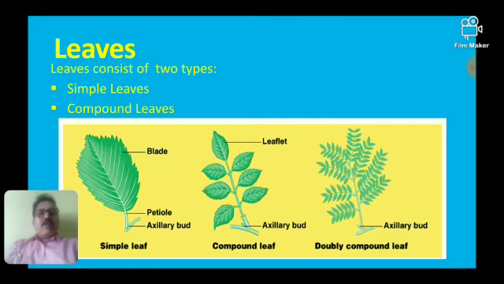According to the ornamentation and arrangement there are again different types, but mainly there are two types, simple leaf and compound leaf. And in this figure there are three different kinds of leaf: this is the first, which we call a double compound leaf, this is the compound leaf, and this one is a simple leaf. Now let's see one by one.